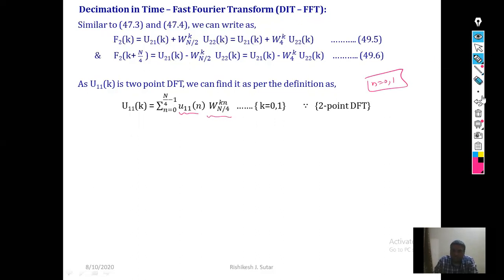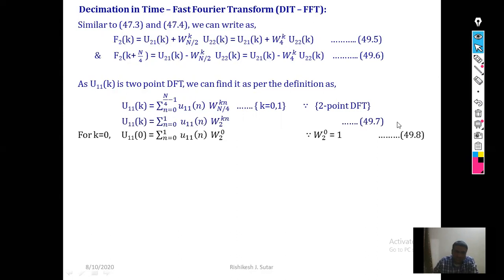So simply we can put in the values of n here. u11 of k is equal to summation n runs from 0 to 1 u11 of n w2 k n. So I will put n equal to 0, and another I will put n equal to 1.